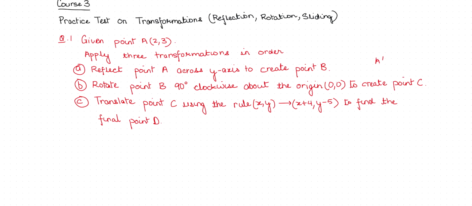So first is the reflection, second is the rotation, and third is the translation. It's not very difficult. Just be cautious about the addition and the negative signs. You can stop here and try on your own and then check the results.